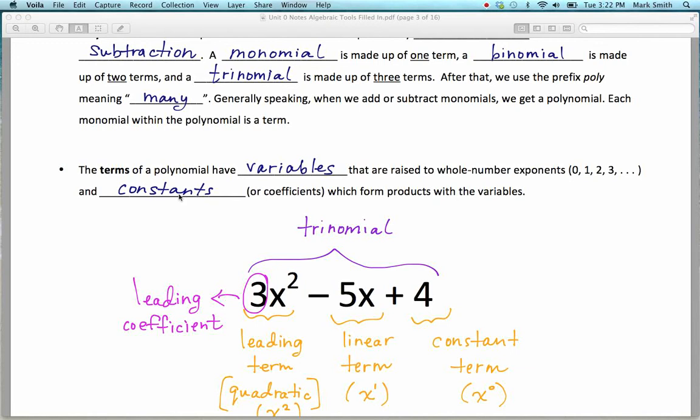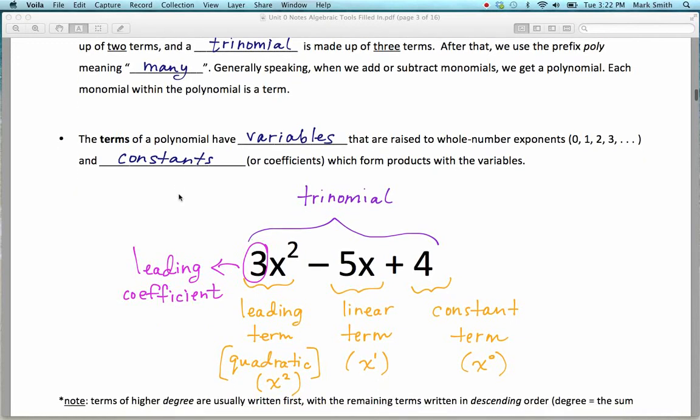And these variables with their whole number exponents are accompanied by a constant or a coefficient that's forming a product with them. Even if you don't see a constant, then it's probably the number 1. But you'll find that constant or coefficient that's being multiplied by the variable, and that is your term. If it's just 1, then it's the monomial. Otherwise, it's a term part of your polynomial.